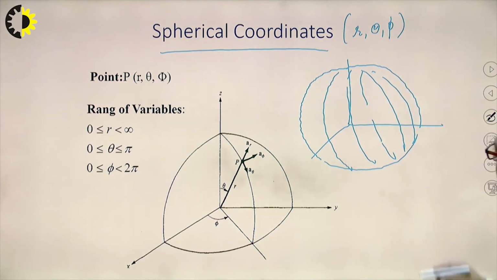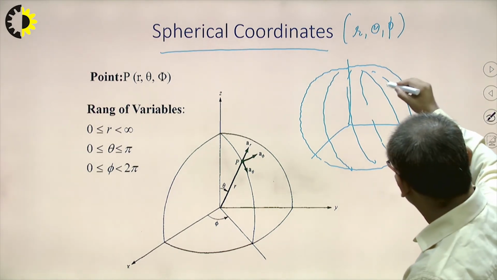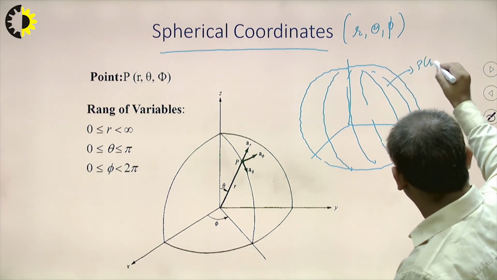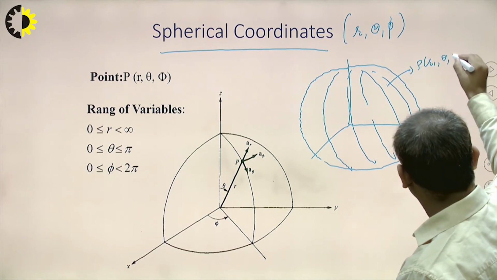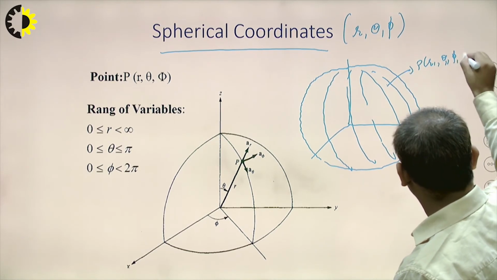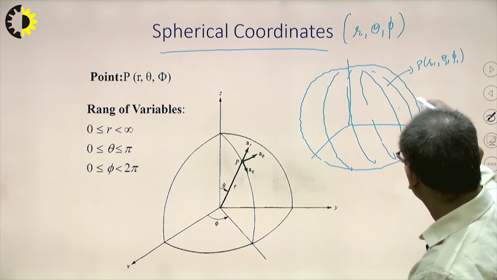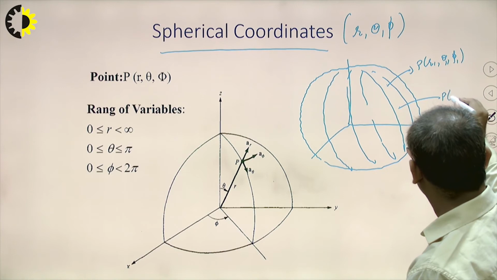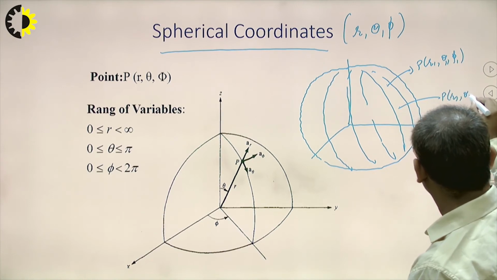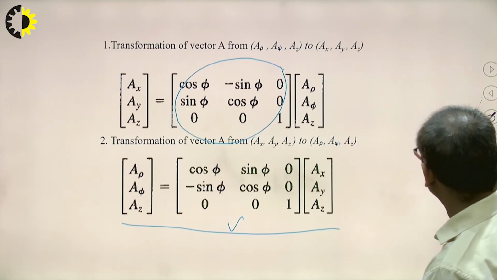So every point in the space is represented by, if I say this is r1, theta 1, phi 1, at this point you will get P with r1, theta 2, phi 2. Clear?